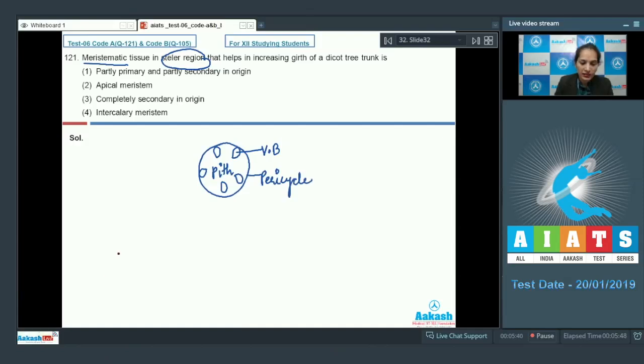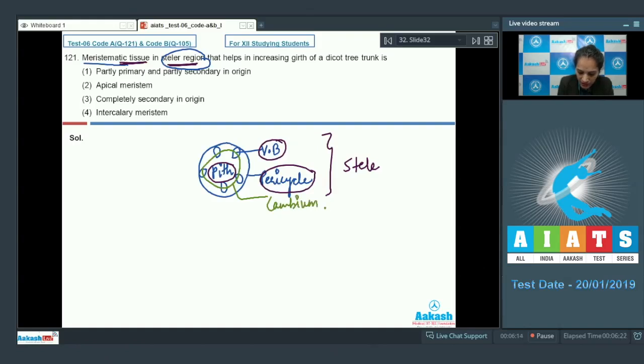So these three, pit, vascular bundles and the pericycle, together constitute the stele. Now, the meristematic tissue within the stellar region, it means it is talking about the cambium ring. So this is the cambium ring which is present within the stellar region, and it is meristematic.